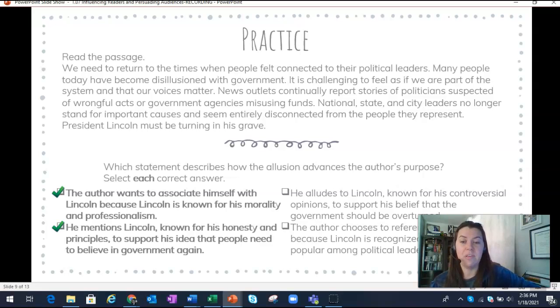He also mentions Lincoln because he's known for his honesty and his principles to support this idea that people need to believe in government again. He's using this as an example of look at when things were good. Look at when we had someone like Lincoln. We can believe in our government again. It can be good again.